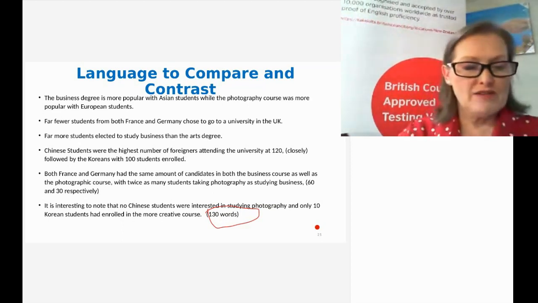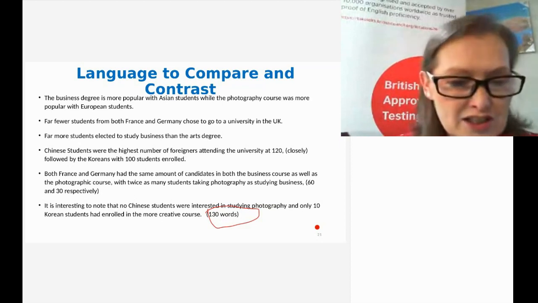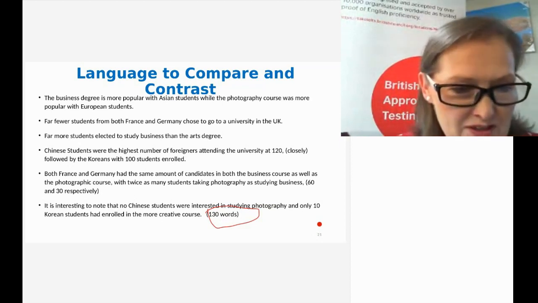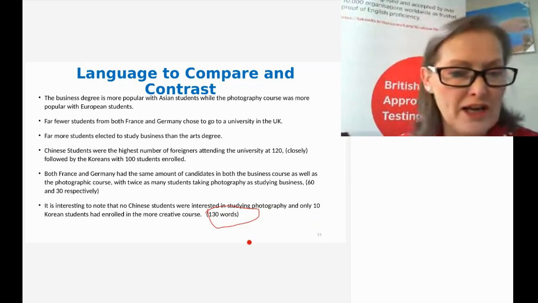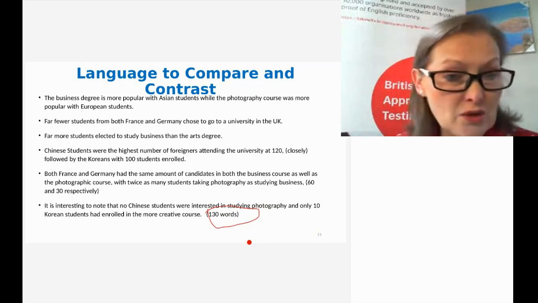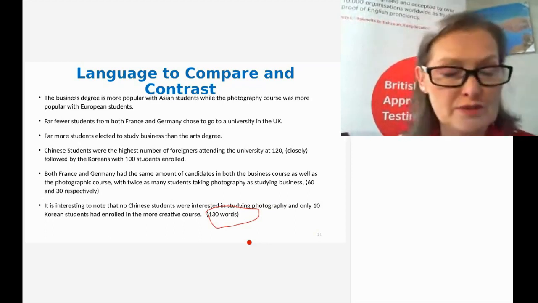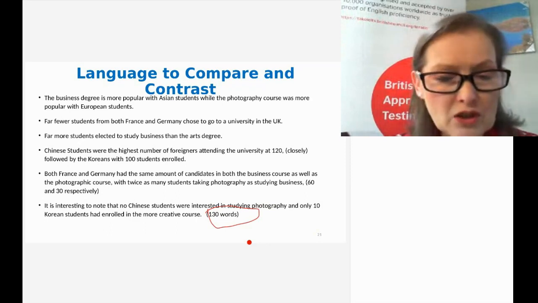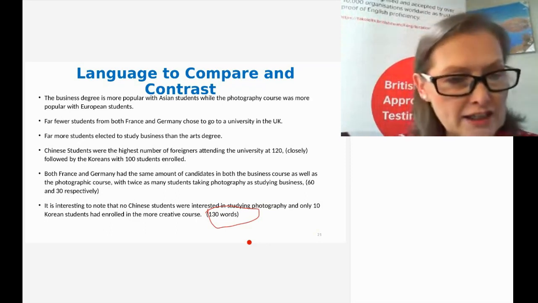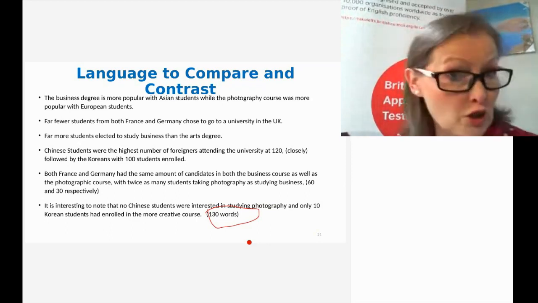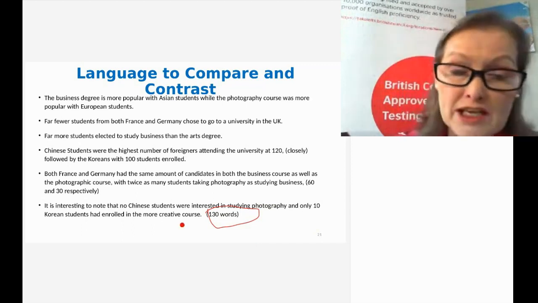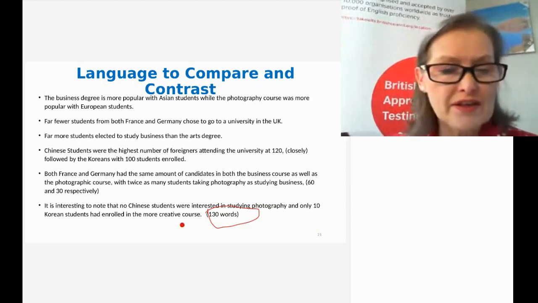And if you have a look at the last sentence, it's interesting to note that this is quite a nice way, I think, to actually end your essay, because we don't write a conclusion in our report. So we're not going to conclude anything. We've analysed the data, we've interpreted the data, we've compared and contrasted the data, and then I think it's a nice way to close.